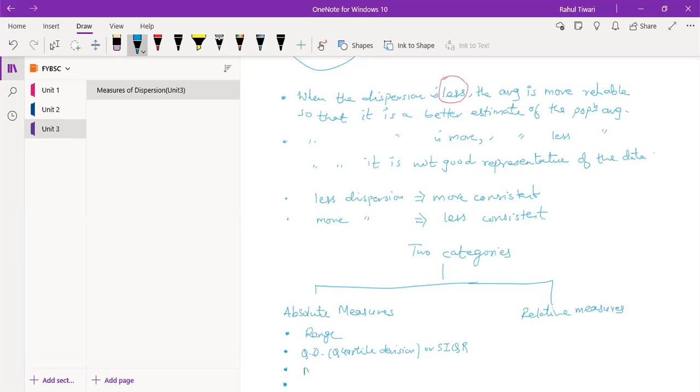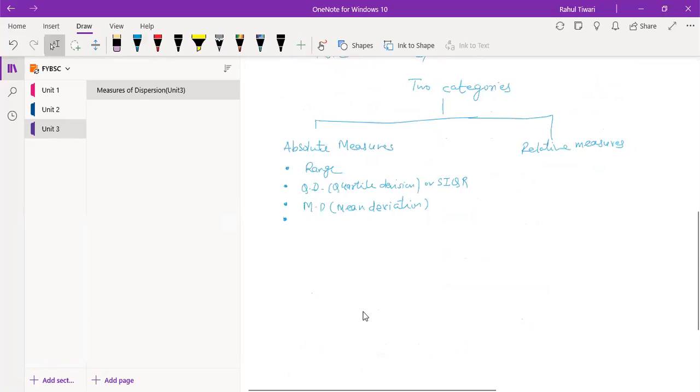Then we have MD, which is called mean deviation. And lastly, we have SD, which is called standard deviation.